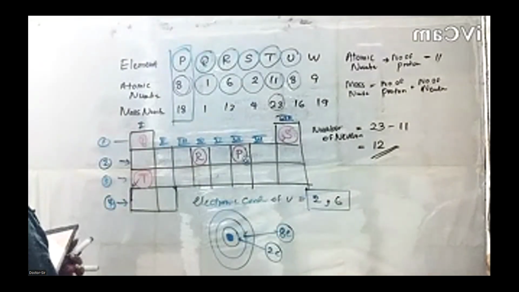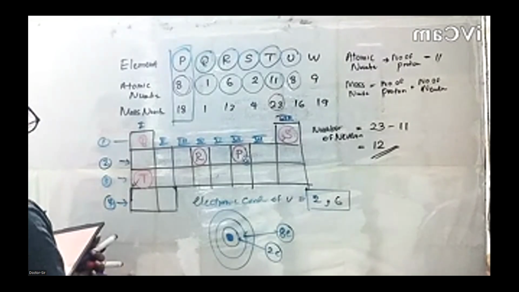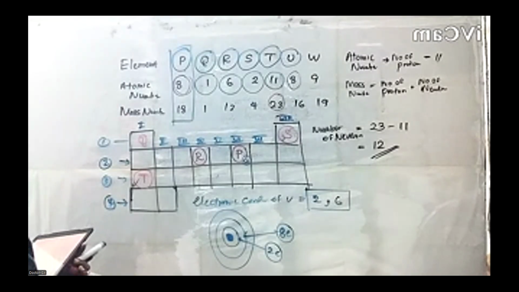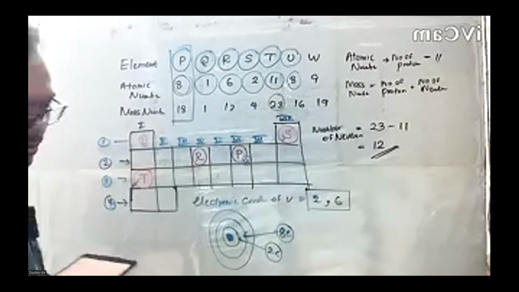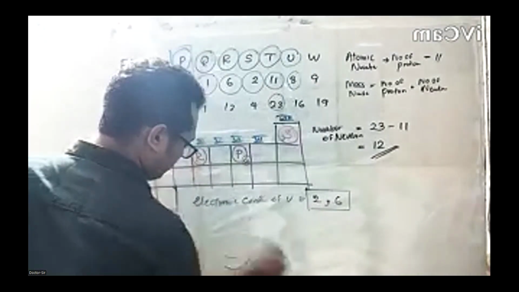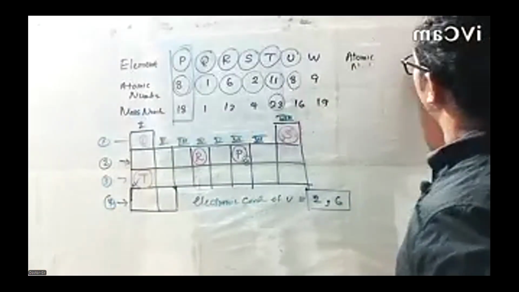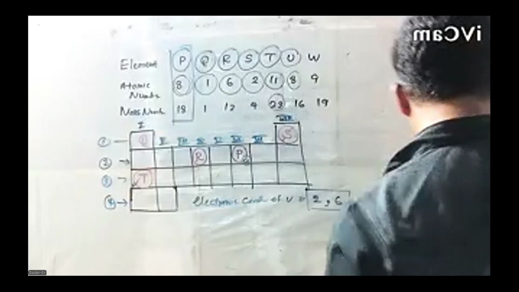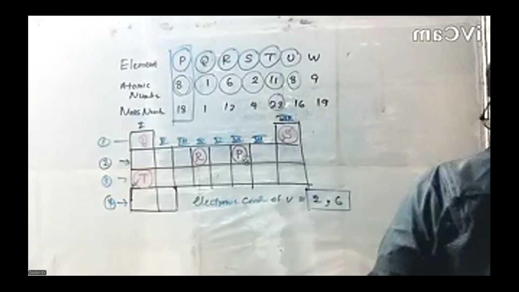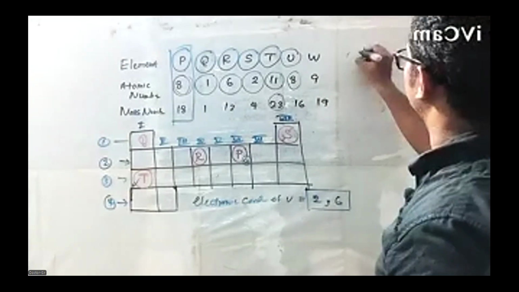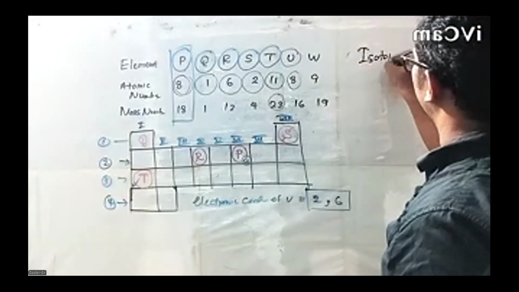Now they ask what the isotopes are among them. So now we find that out. Okay, we'll discuss that part. What is an isotope? I will erase these things. Now I will give a simple definition for isotopes.